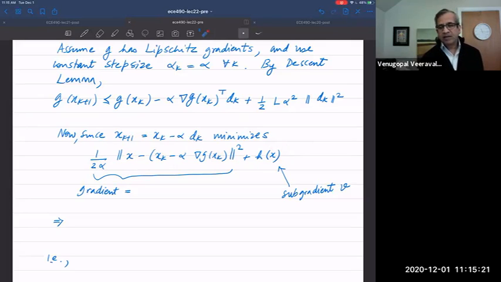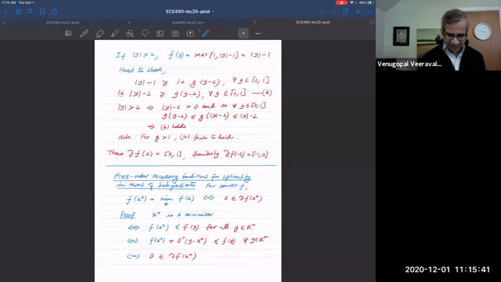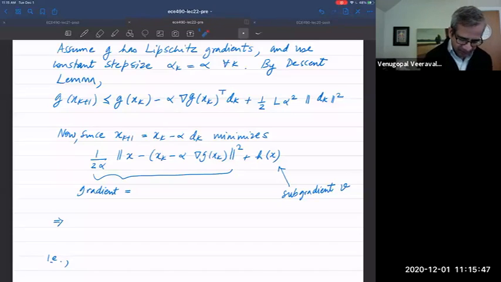So since it's a convex function that has subgradients, what's a condition for a minimum? Remember this from lecture maybe 20? 0 needs to be an element. Yeah, there it is. 0 has to belong to the set of subdifferentials at x star. So we'll exploit that condition.